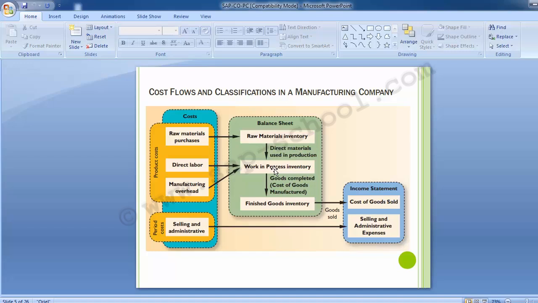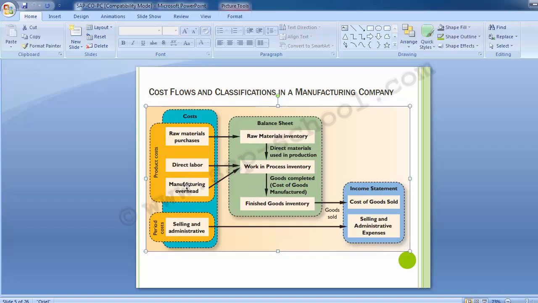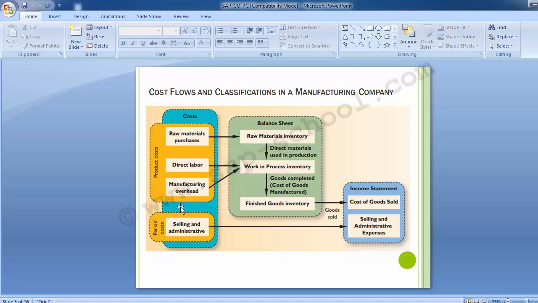Their costs are transferred to the work in progress inventory account as a direct material. Notice that direct labor cost and manufacturing overhead cost are added directly to the work in progress, as you can see over here in the production cost. The direct labor and the manufacturing overhead over here are directly included in the work in process inventory.